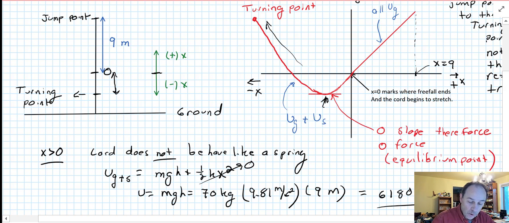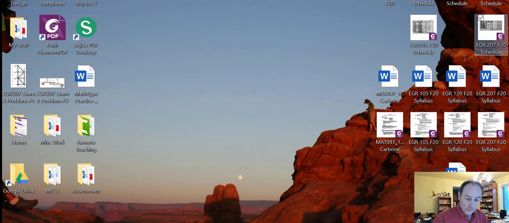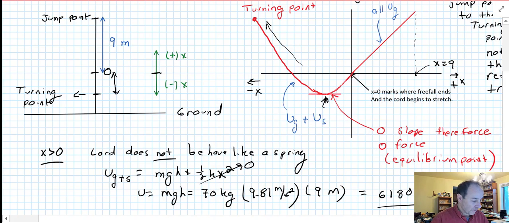Okay, so we know this value right here now, up in this graph, is 6,180 joules. That's the potential energy from the 0 point to the jump point, falling this distance.